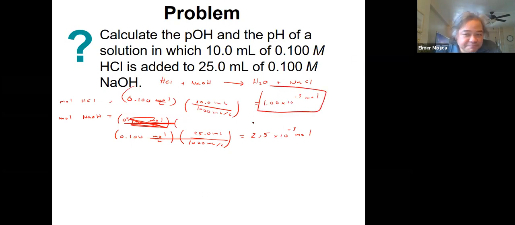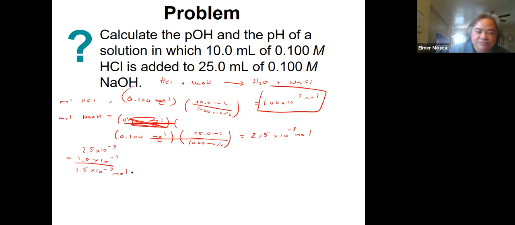At the end, all of this will be used up, and the same amount of this will be used for NaOH, leaving you with 1.5 times 10 to the negative 3 moles of your hydroxide.